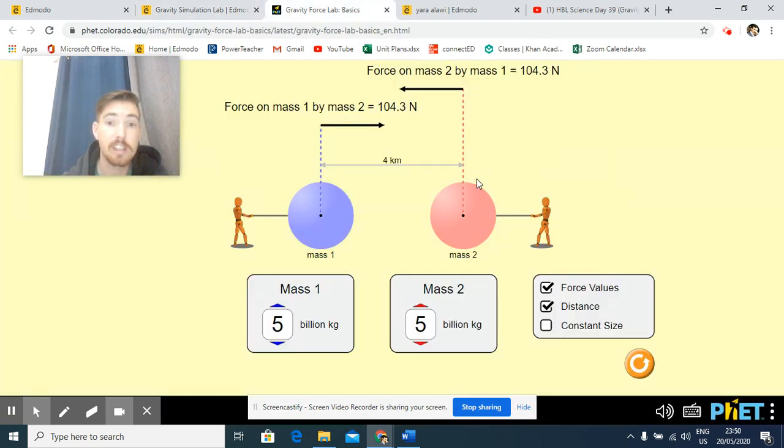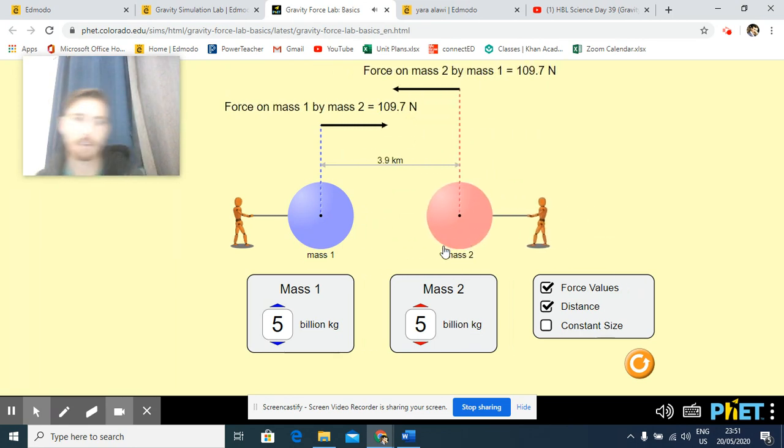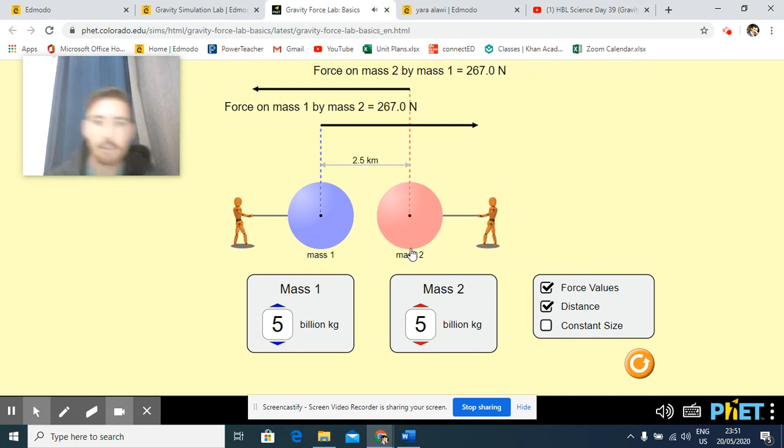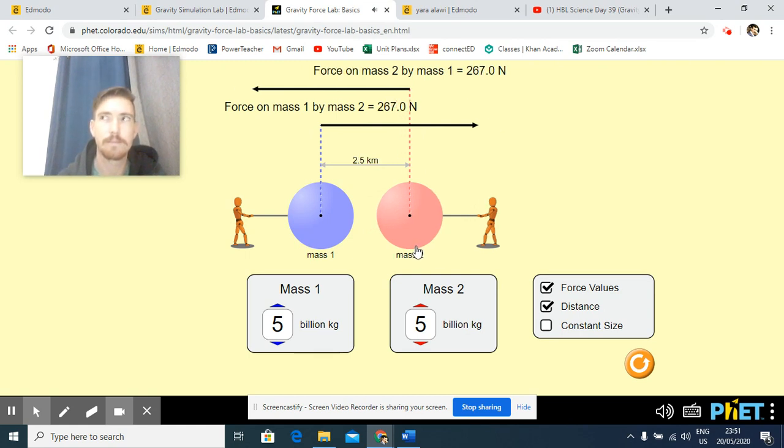And we can change the distance by clicking on the objects and changing the distance. 2.5. Okay. And now we have our readings. Force on mass 1 by mass 2, force on mass 2 by mass 1, 267 newtons.